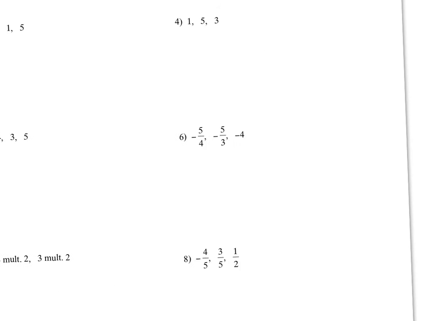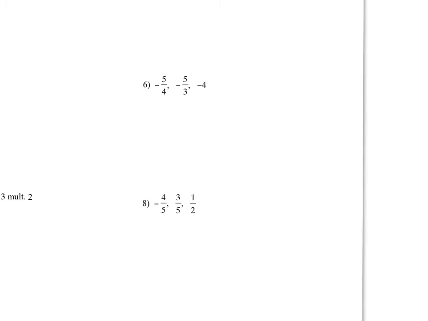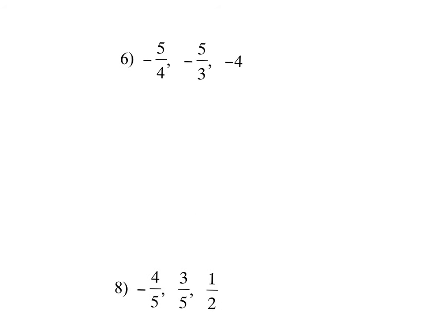I'm going to jump ahead to number 6, because here we've got ones that are going to give us fractions unless we do something special. So we know that -5 over 4 is equal to x. If I want to get this into something equals 0, what I can do is kind of undo the process that I used to get here.